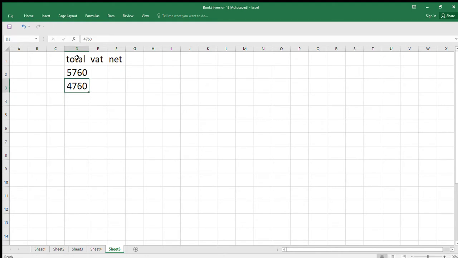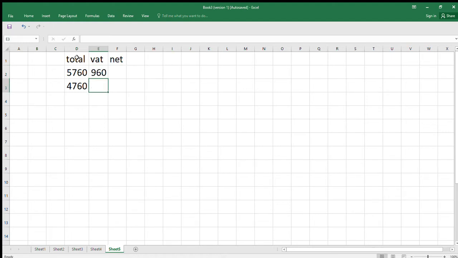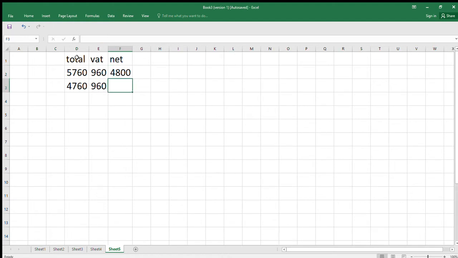Let's just check if there's anything else. Plus 280 plus 80. Okay, well that's the same. That's gone to the VAT control account. And the net, 3,000 plus 1400 plus 400, would go to purchases, 4800.